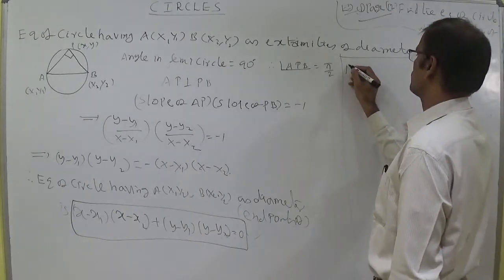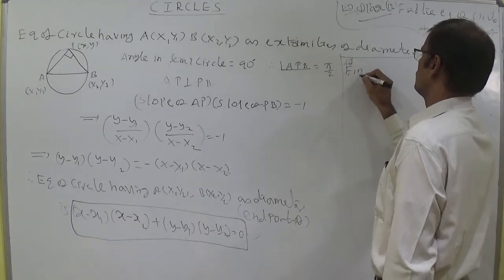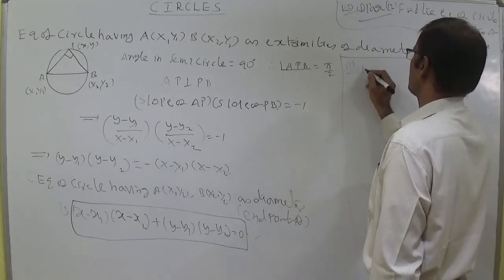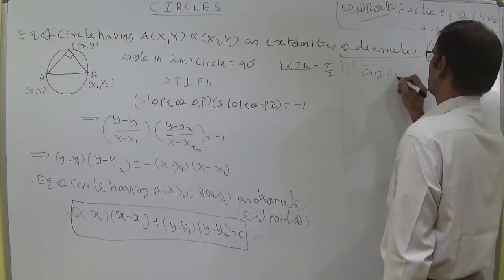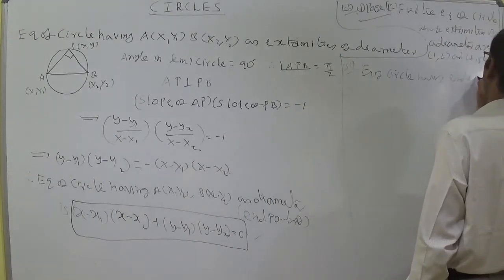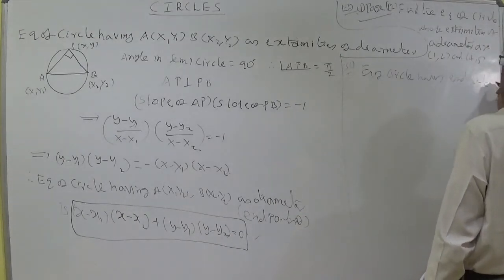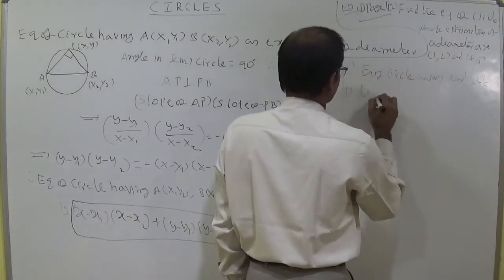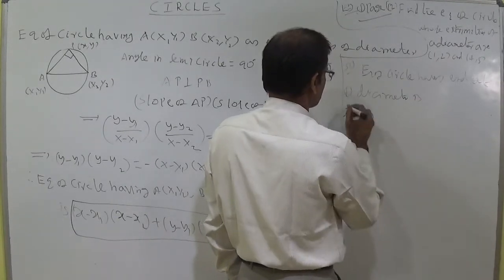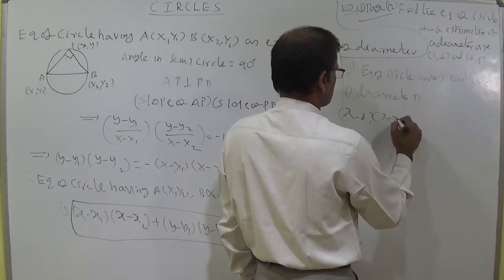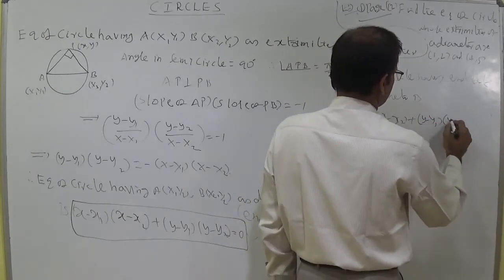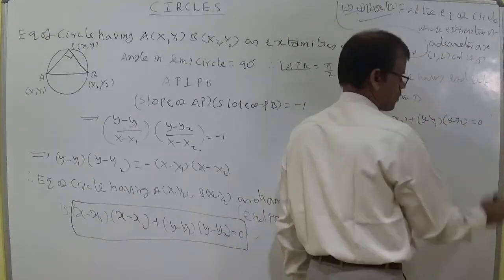Now write the formula. This is the solution. Equation of circle having end points of diameter is, writing the formula, (x minus x1) into (x minus x2) plus (y minus y1) into (y minus y2) equal to 0.